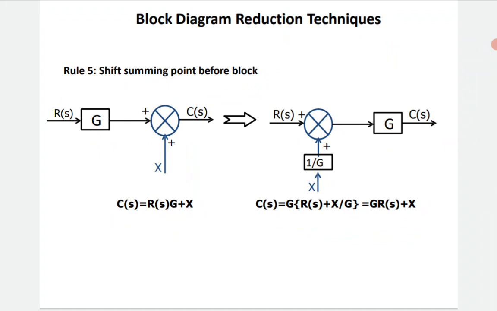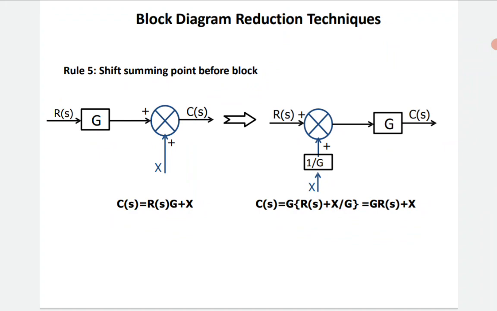R of S is obviously the input signal. According to the summing point shifting, I have introduced in accordance with the externally applied input signal X one transfer function, one block known as 1 by G, by which the actual output C of S is generated.